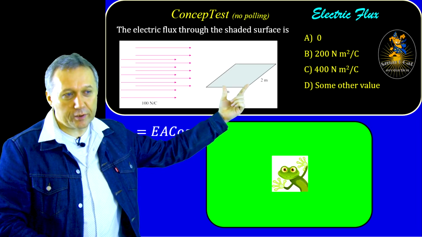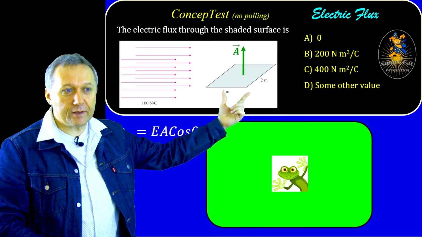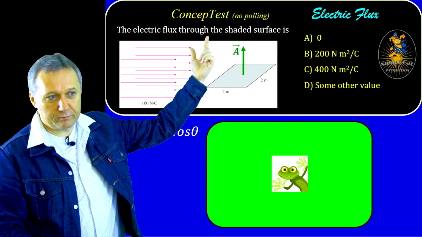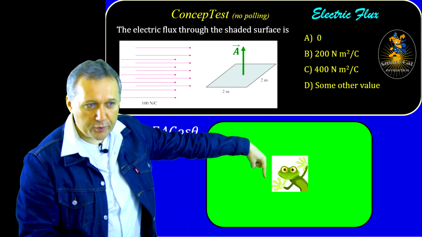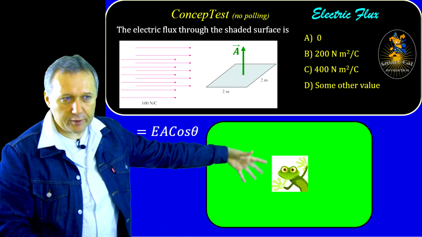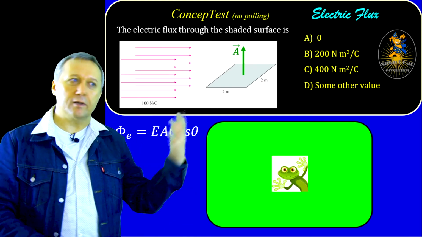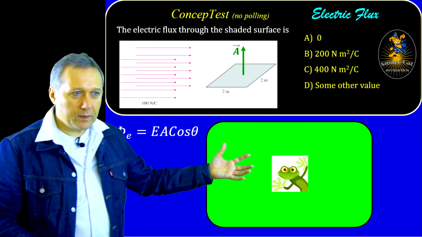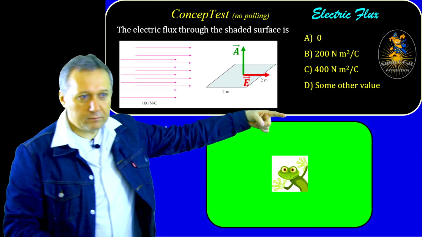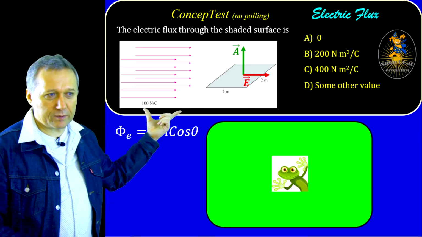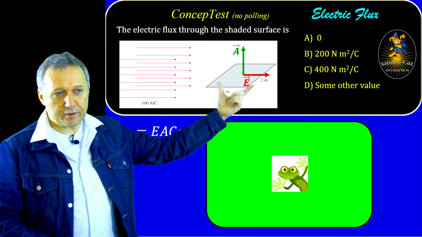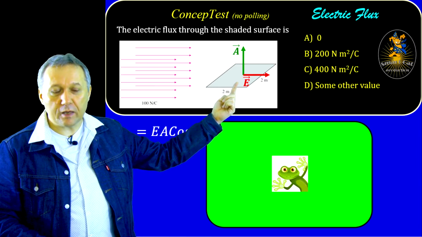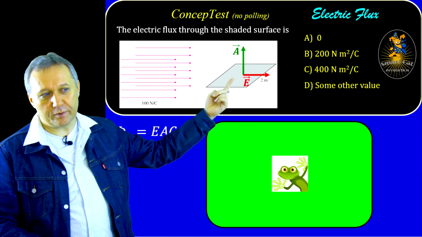So let me draw the electric field and the area vector. Area vector, I will pick upward. Again, nothing wrong with pointing it down. It will be equally good, equally correct. And the electric field, I just grabbed one of these lines and positioned it there. Again, you see I position their tails at the same point.